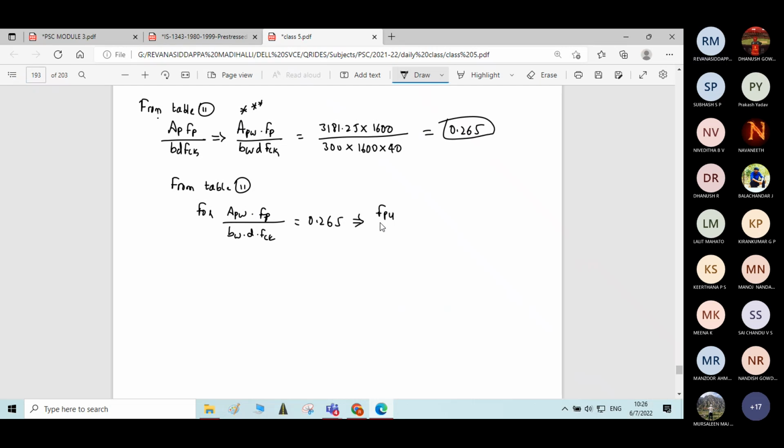FPU divided by 0.87 FP is equal to 1.0, pre-tensioning column.